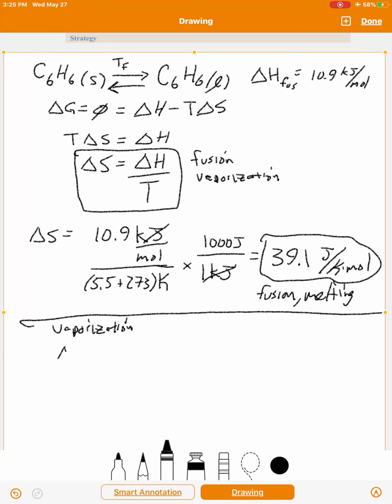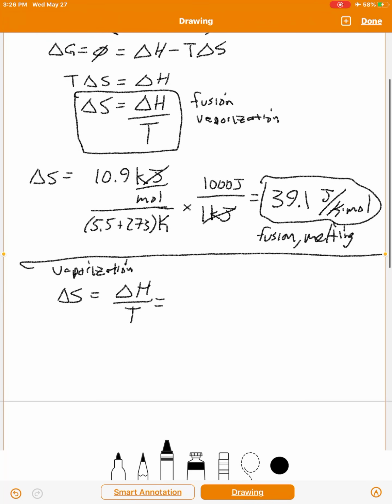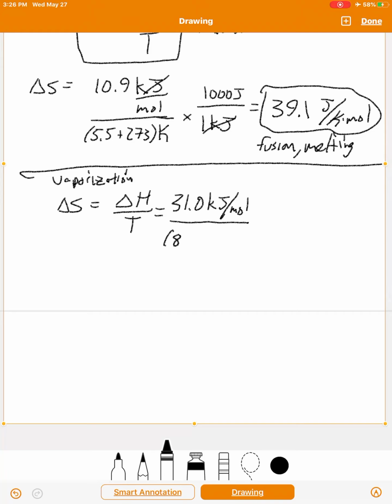Again, the change in entropy at the boiling point would be delta H over T. Now the heat of vaporization, or the enthalpy of vaporization, is given in the problem as 31.0 kilojoules per mole. And then the temperature is given as 80.1 Celsius. So we'll add 273. You could argue that we might want to add 273.15 if you want to do that.